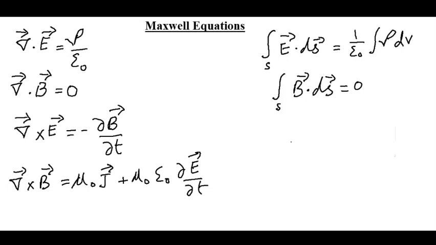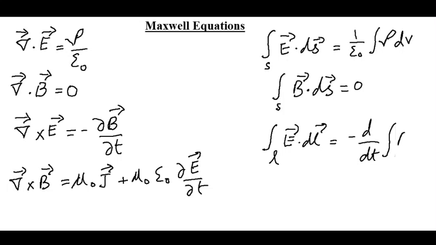And the third Maxwell equation in the integral form can be written as the line integral E dot dl is equal to minus the rate of change of surface integral of magnetic field.